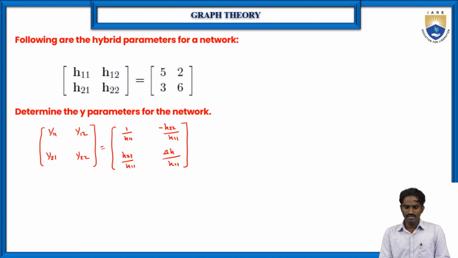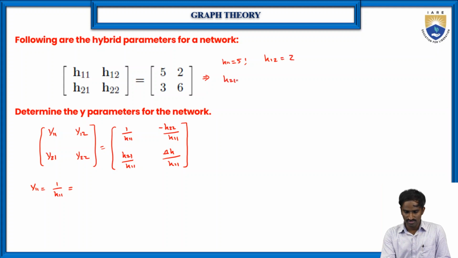Now substitute the values. From this equation you know that h11 is equal to 5, h12 is equal to 2, h21 is equal to 3, and h22 is equal to 6. Then substitute here the values. y11 is 1 by h11, so 1 by 5.